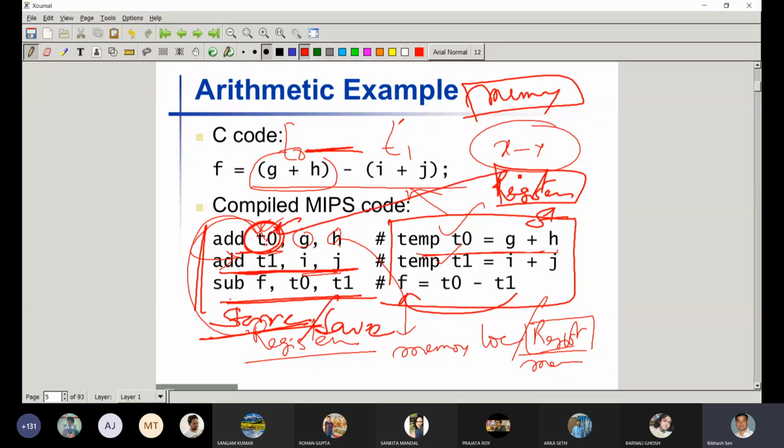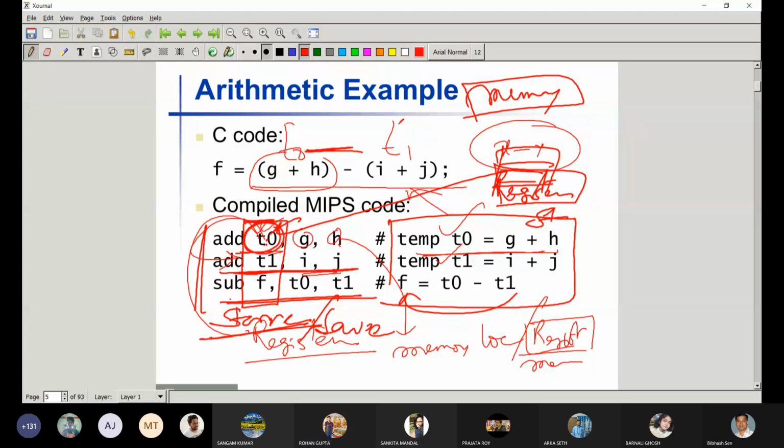That means the content of T0 goes and is stored at some location in memory. But the CPU does its execution most of the time with CPU registers, and I call them temporary because the content will not be stored for infinite time there.